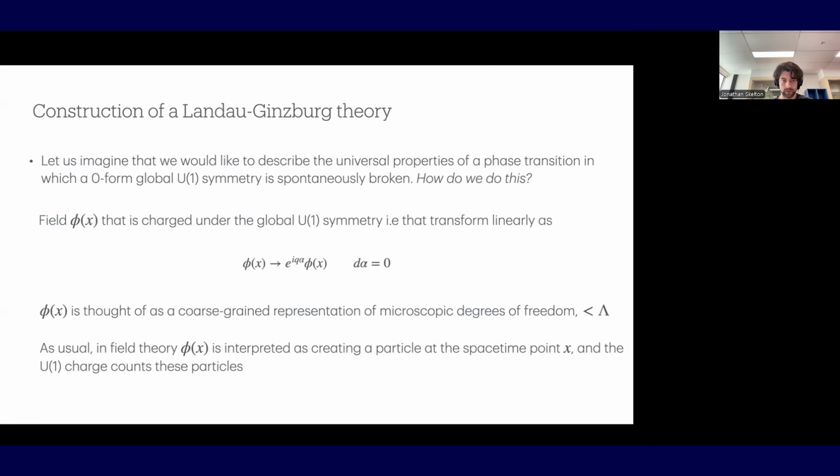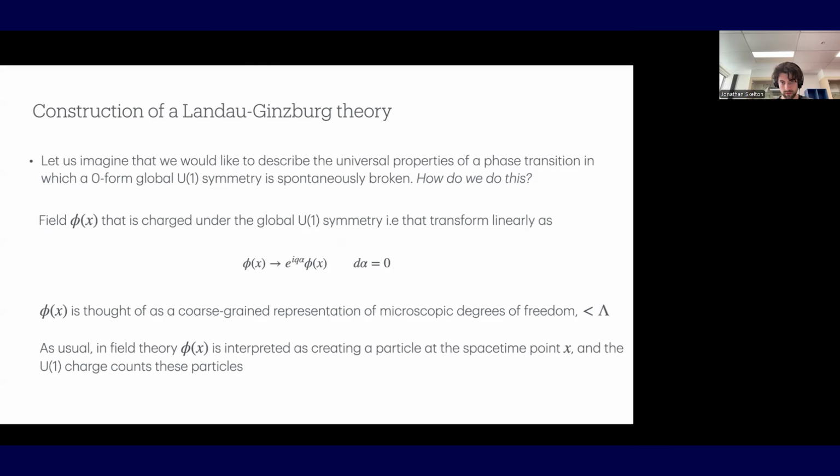Okay, so we have a zero-form symmetry that we will spontaneously break, and we want to describe the different phases. So how do we do it? We take our degree of freedom, which is now a field, and it is charged under the U(1) symmetry. It means, as was said in the first talk, that it transforms linearly under the U(1) group.